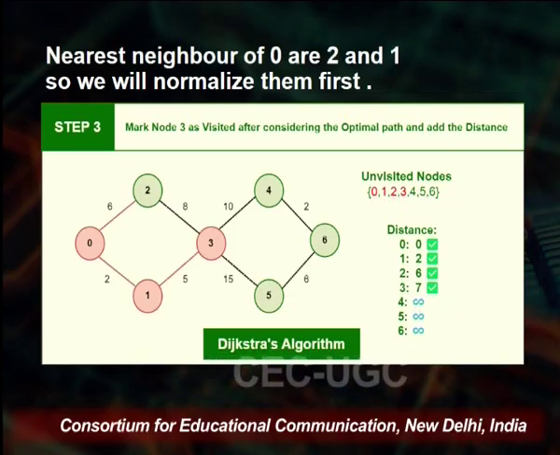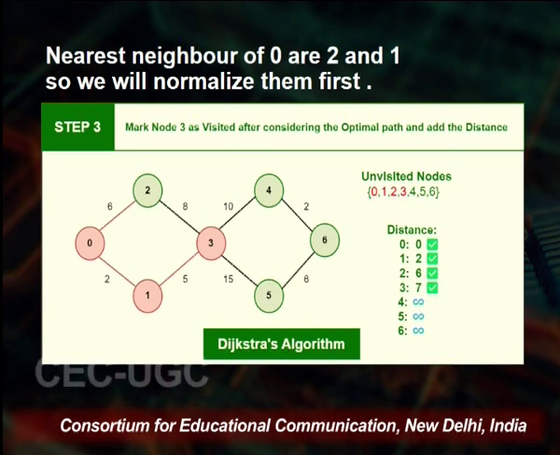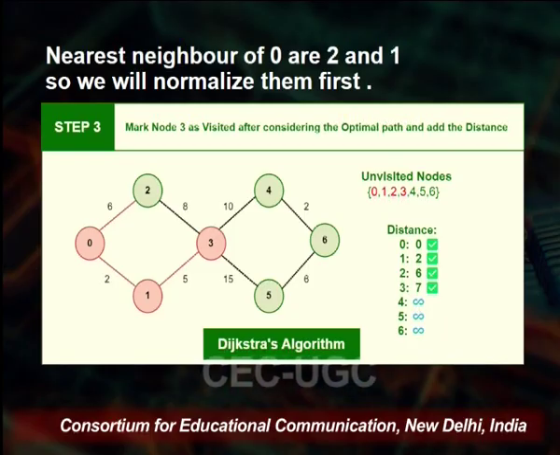Now see, if we use 2 as the intermediate node in order to reach 3, the total sum of the weights of the edges is going to be more than in this case, and if we use 1 as the intermediate node, it is just 7. So, we have updated 7 as the distance to be covered from our source, which is 0.